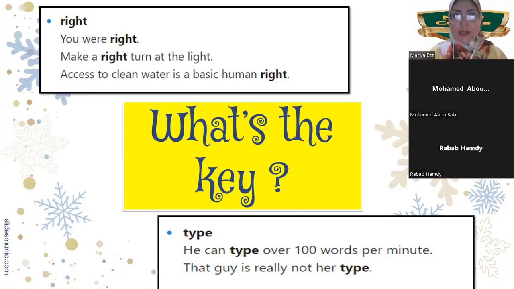Do you think that there is a difference among the three sentences in the same word, right? Of course, yeah. How do you get to know this? From the meaning. I have to read the whole sentence and understand the meaning of the words before it and after it, according to the text.